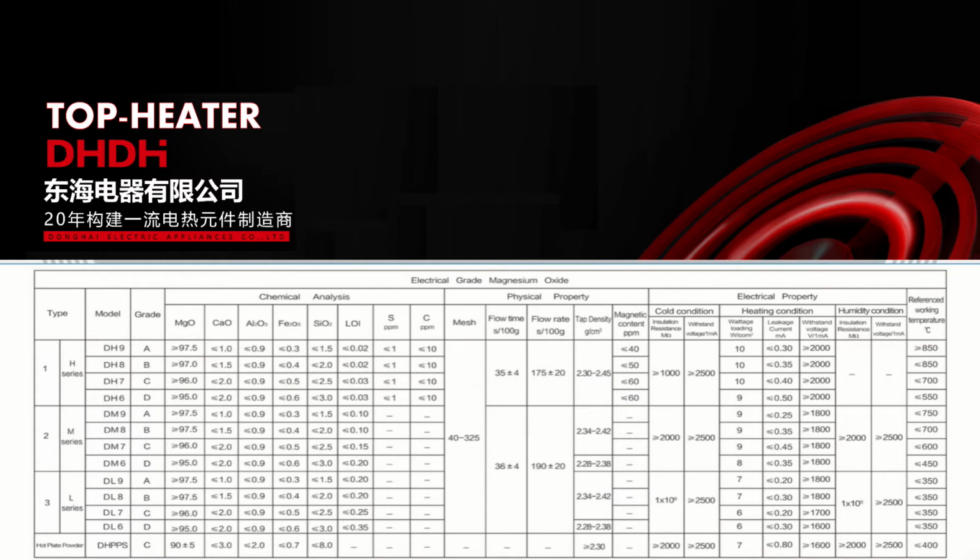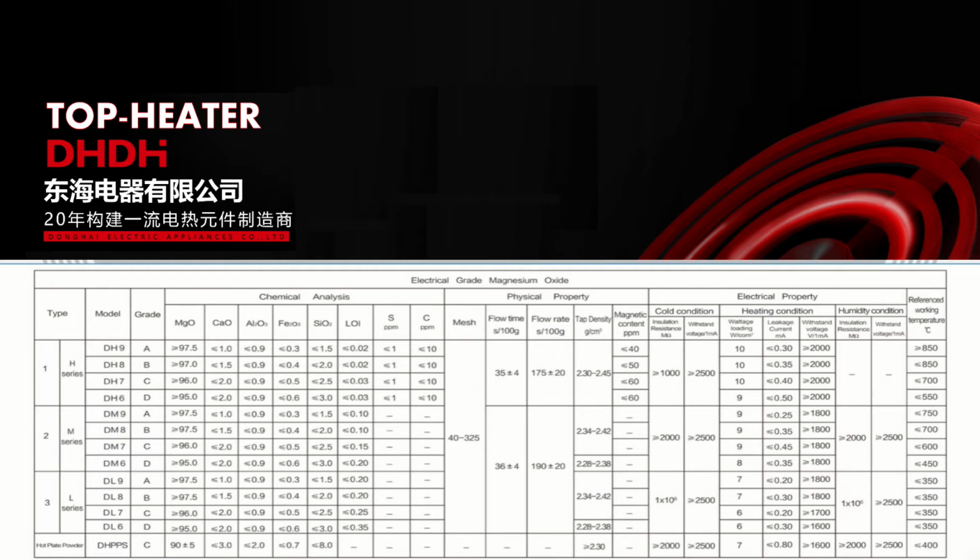The heating condition means take high temperature, for example. So your heater has sealed and done the annealing, then power on and generate the heat for 10 minutes. But for the M and L series, the time will be 30 minutes, half hour.